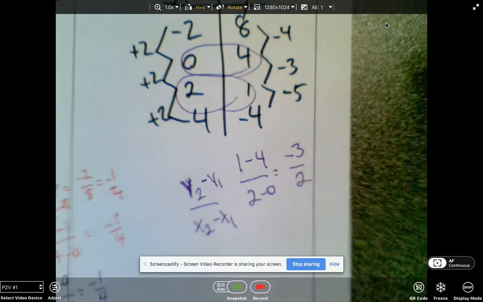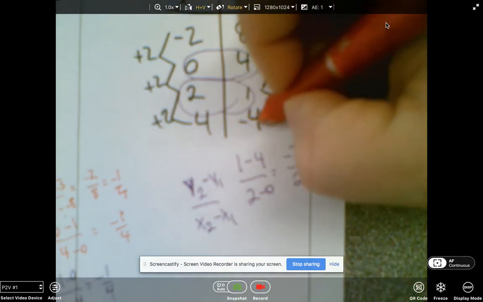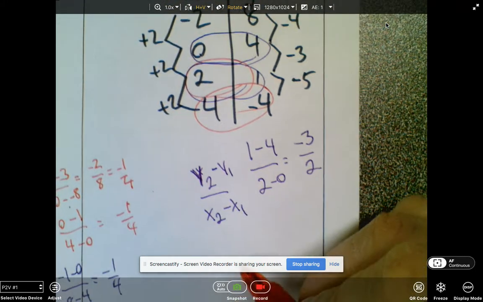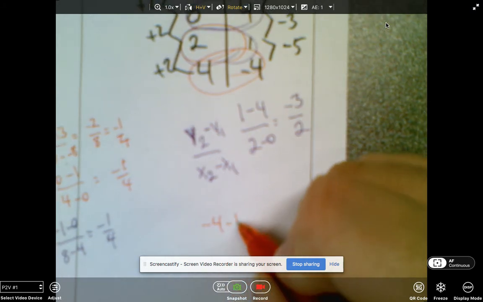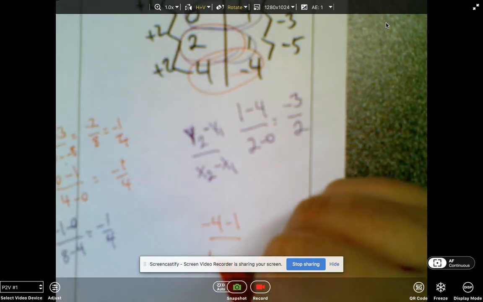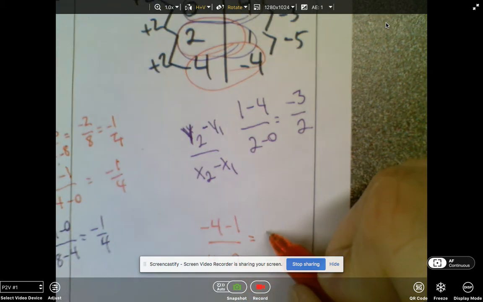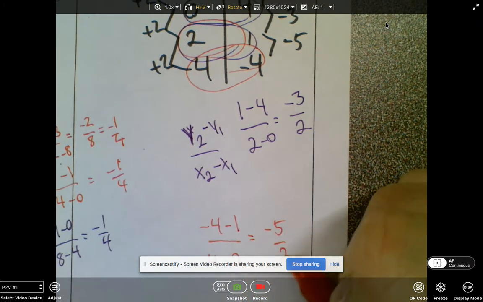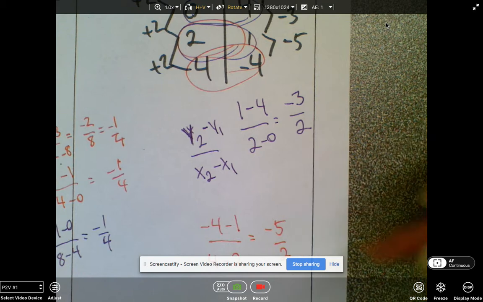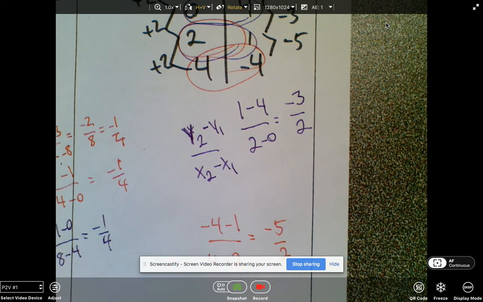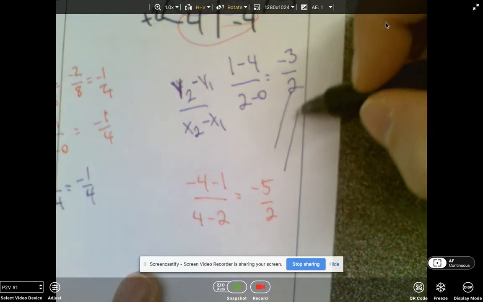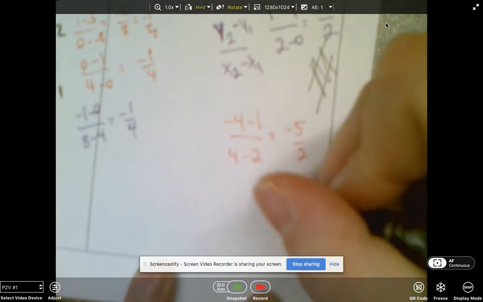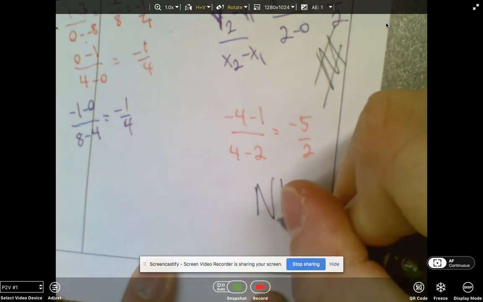And then let's say I try these two coordinates in red. You're left with -4 minus 1, 4 minus 2. This is -5/2. So these slopes here are definitely not equal to each other. So this would be a nonlinear example.